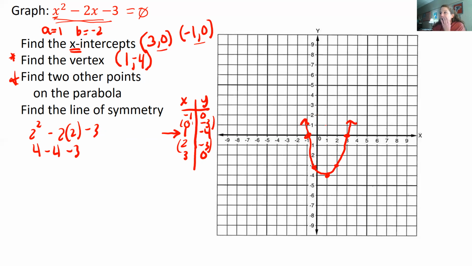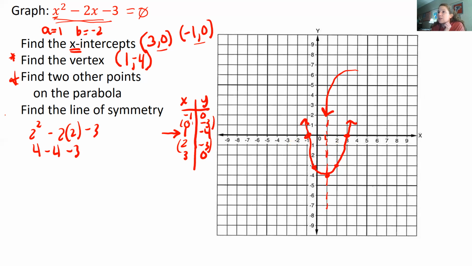All right, now once again, the line of symmetry. So the vertex, if we bent or we folded our parabola together at the vertex, both sides would lay on top of each other. And so how do we write the equation of this vertical line right here?